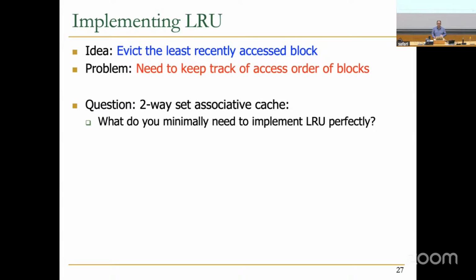Any thoughts? How many bits do I need to implement LRU perfectly, minimally, for two-way set-associative? Just guess, it's not that hard.